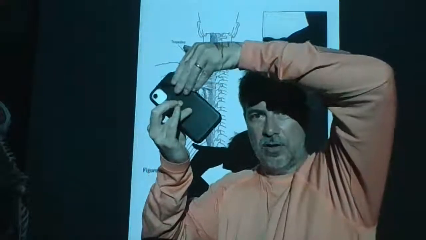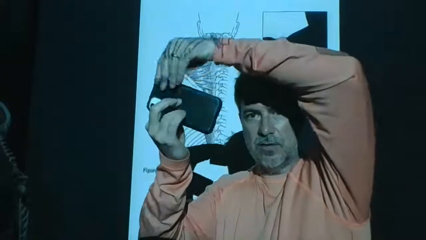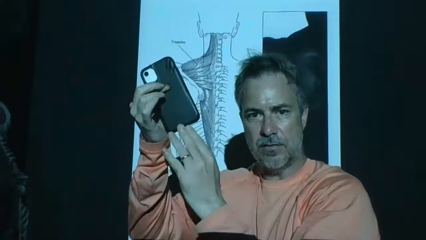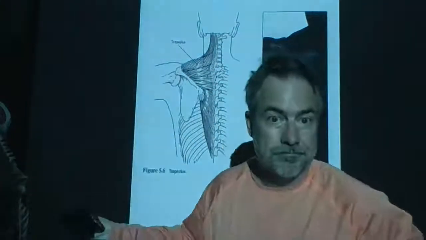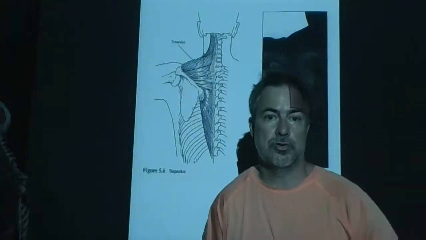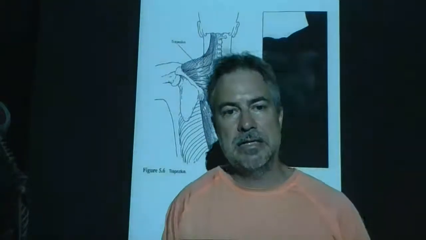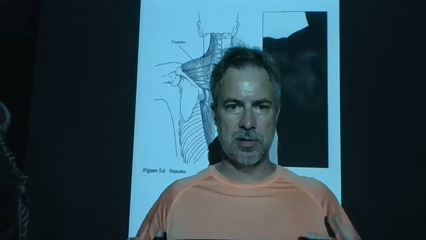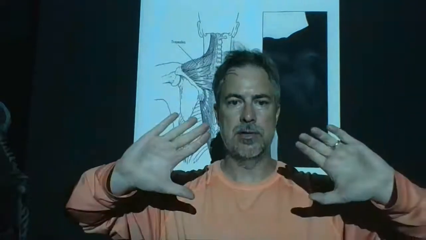So you get all of these trying to do this, and you have these trying to do this. Upward rotation pullers, the trapezius. So function, all of the fibers, retractors, upward rotators.